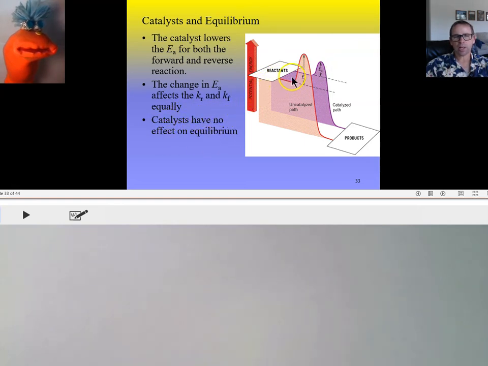It will change how quickly the equilibrium is reached, but it won't change the equilibrium, because lowering the activation energy increases the ease at which reactants can form products, but it also increases the ease at which products can go back to reactants. So recognize that catalysts lower activation energy, but don't shift equilibrium.